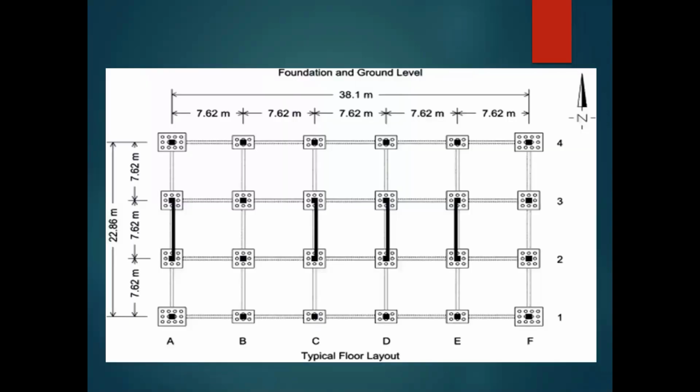Now, this is an example of a foundation layout plan. You will notice in the middle, it has many piles, because it seems like the middle here contains the soft soil. And this is just an example.